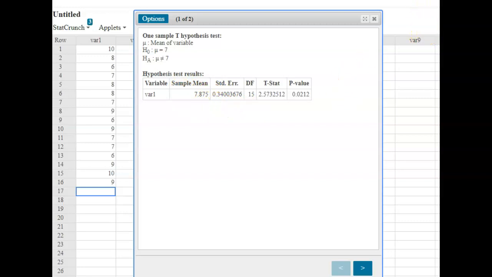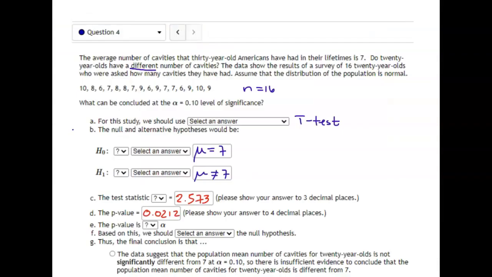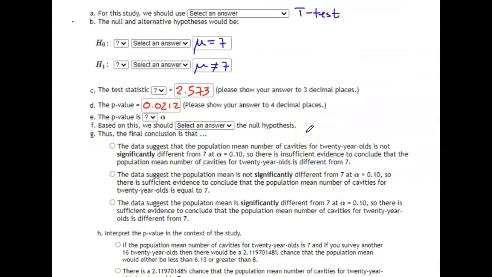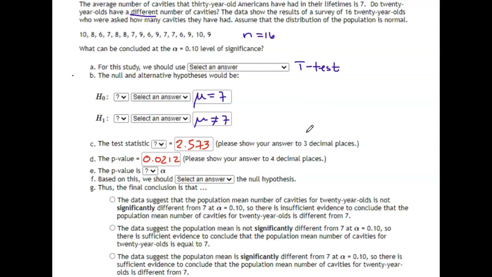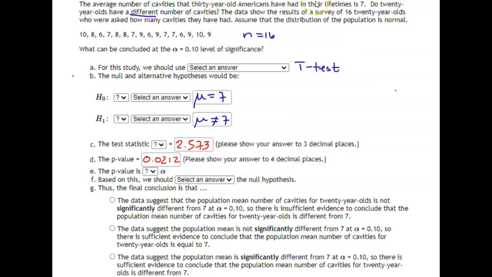All right, so let's see. Now we need some conclusions. Let's look at comparing the p-value with the alpha value. Alpha was 0.1, so the p-value is definitely smaller. This means we reject the null hypothesis.